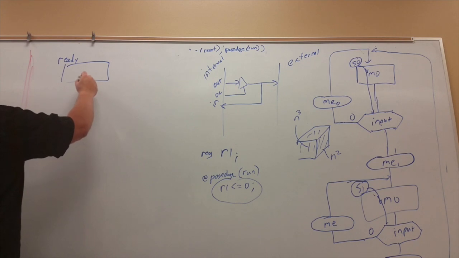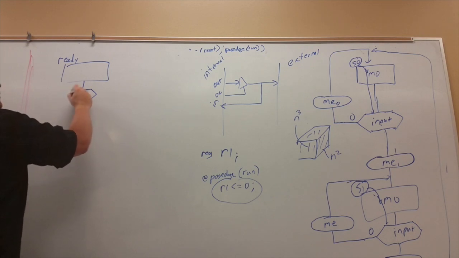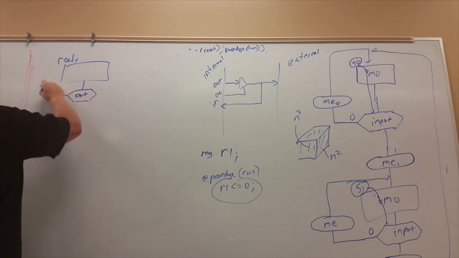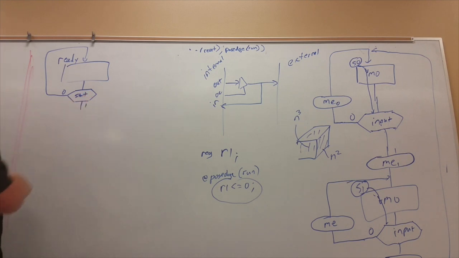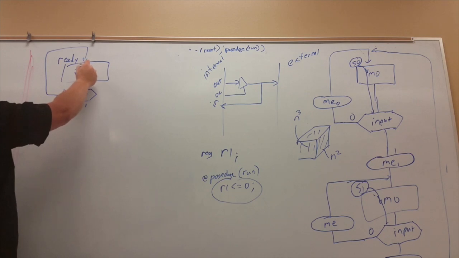So this one in general is going to have a choice here to make. Right, so this is the start button. If you didn't press the start button, if you did press the start button. And here you'll just initialize everything.